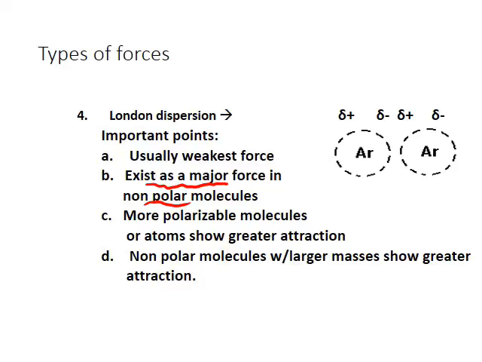More polarizable molecules or atoms show greater attraction. Like in case of noble gas, argon is a lot more polarizable than, say, neon because you are getting bigger and bigger atoms with more and more electron shells added to it. And that allows greater polarization.